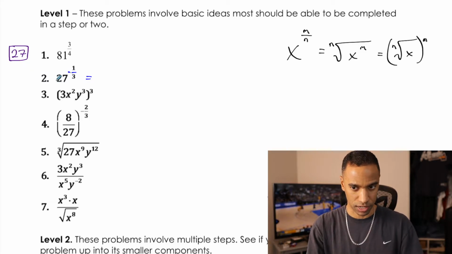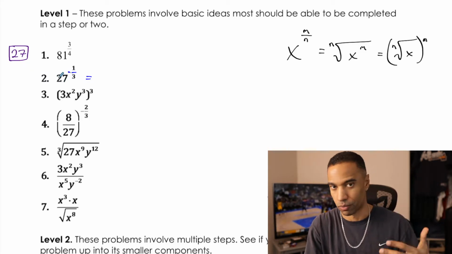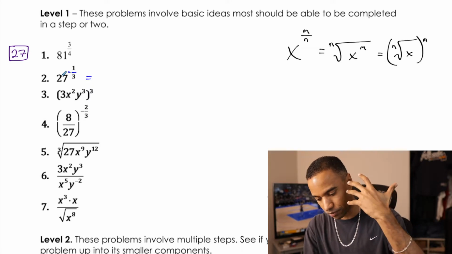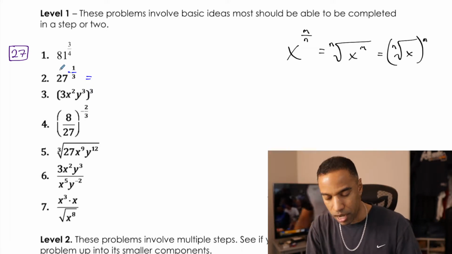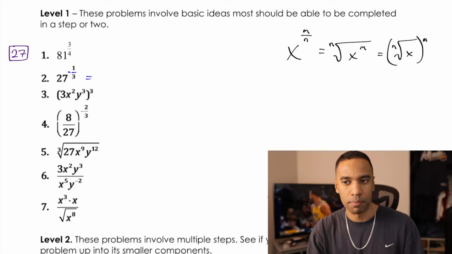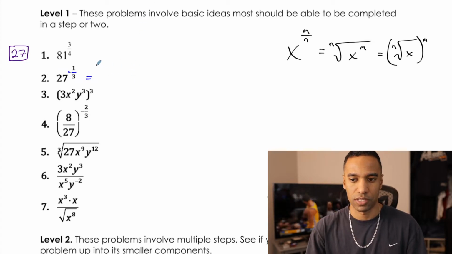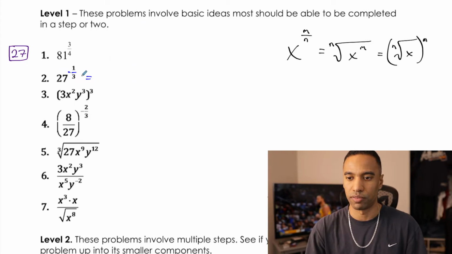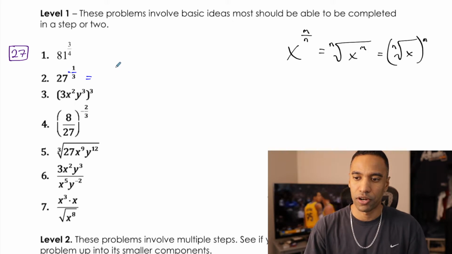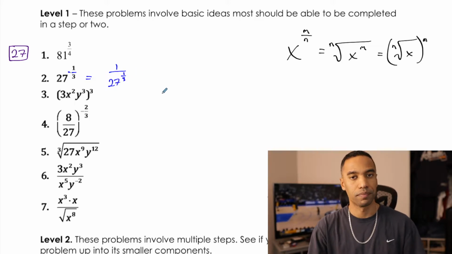And there's no fraction here in 27. It's 27 over 1, though. So if we place the 27 in the denominator, leave a 1 on top, then we'll be able to convert it to its positive exponent equivalent. So 27 to the negative 1/3 can be rewritten as 1 over 27 to the positive 1/3 power, like so.